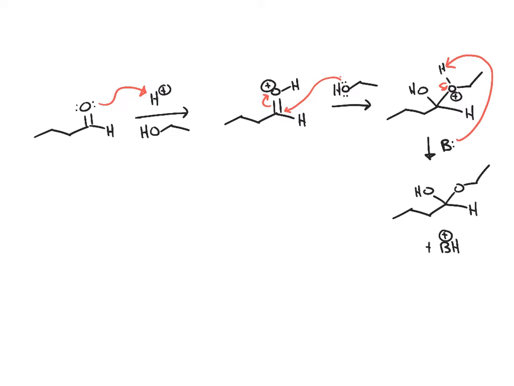All right, so here is our hemiacetal. Now we want to keep this O-ethyl group, so don't protonate that. You want to protonate the thing you're going to get rid of, which is the OH. So we'll protonate that one.